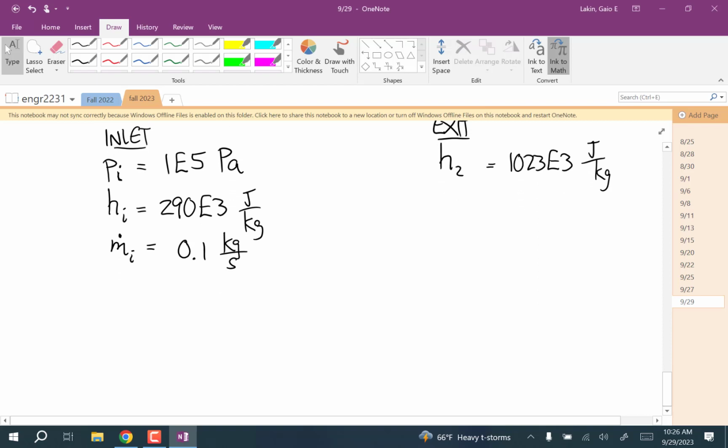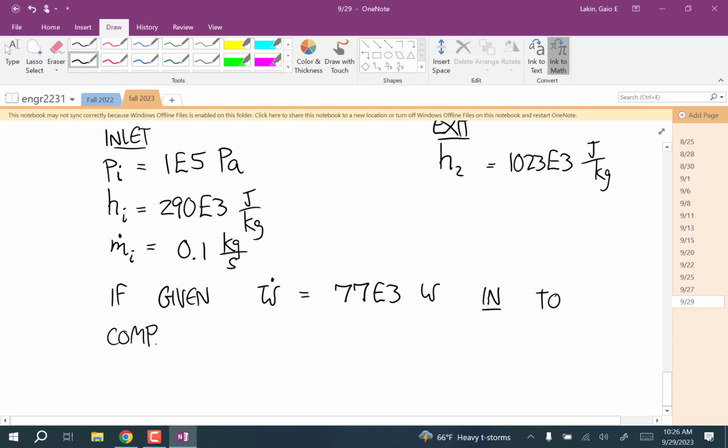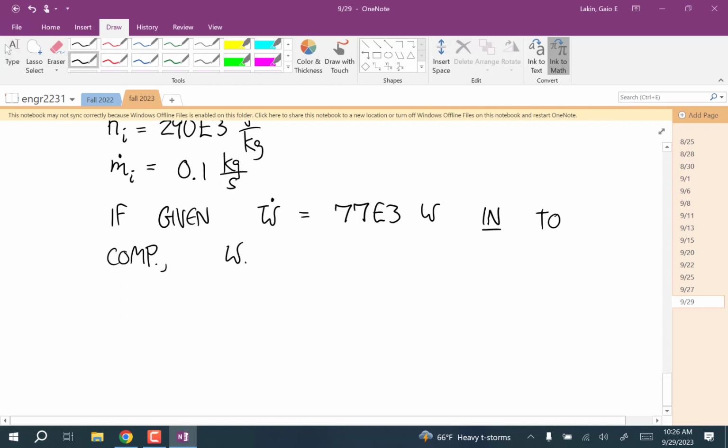But if we're given the electrical power, because it's pretty easy to measure electrical power going into a device, if you measure that, and the rate of work is 77 times 10 to the third watts going into the device, into the compressor, what's Q dot?